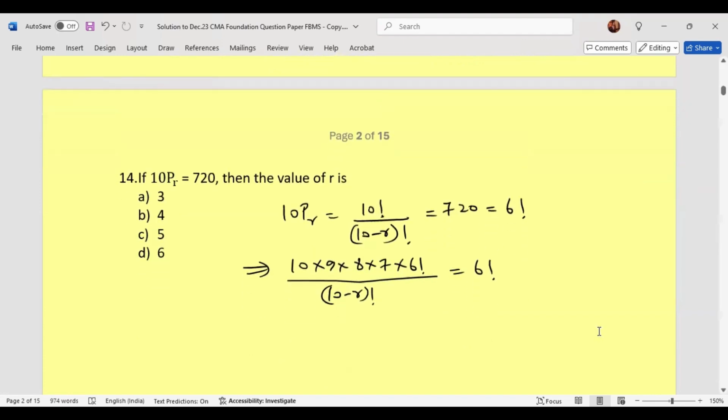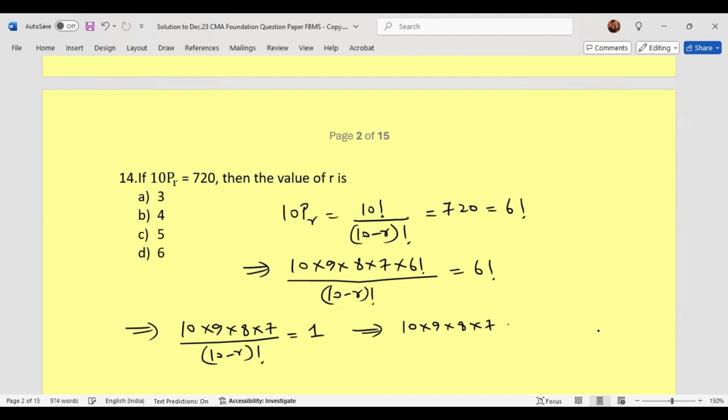We can divide both sides by 6 factorial so that we can rewrite this as 10 into 9 into 8 into 7 divided by 10 minus R, the factorial. This side, 6 factorial divided by 6 factorial, becomes 1, which means we can rewrite this as 10 into 9 into 8 into 7 is equal to 10 minus R, the factorial.